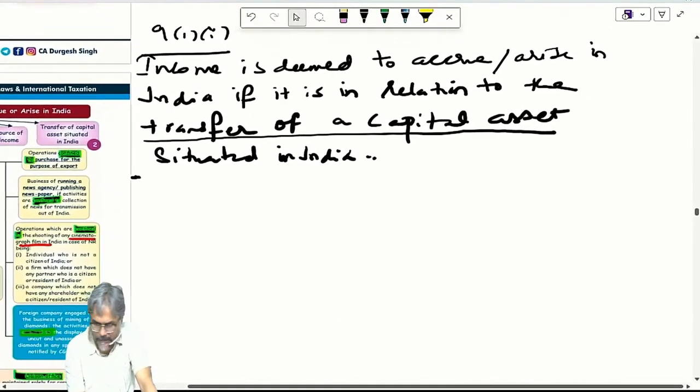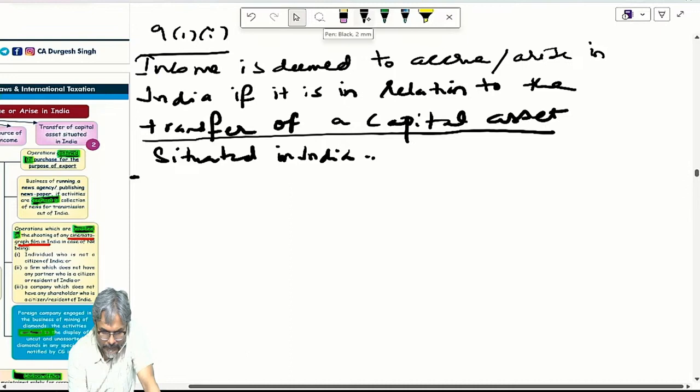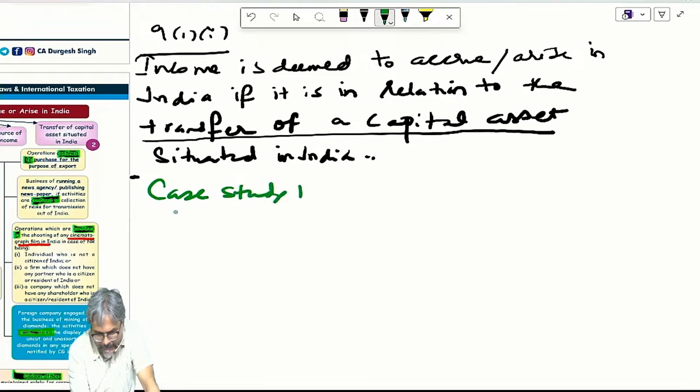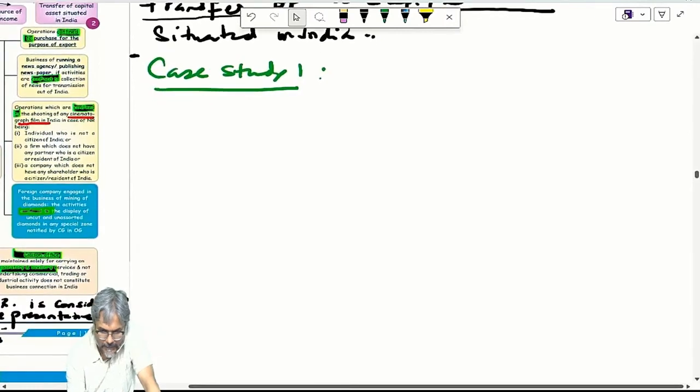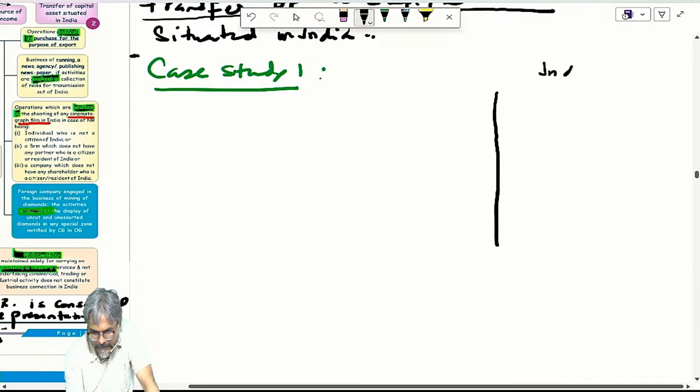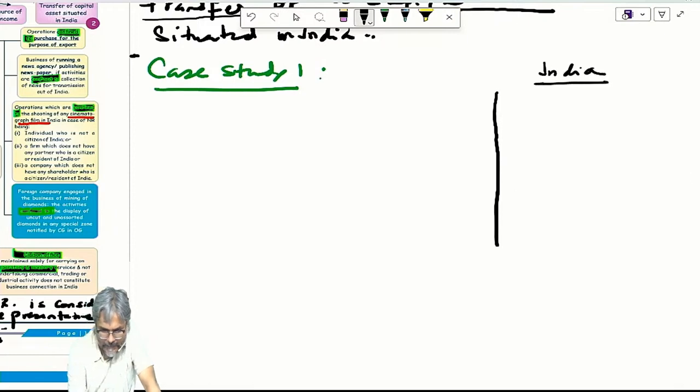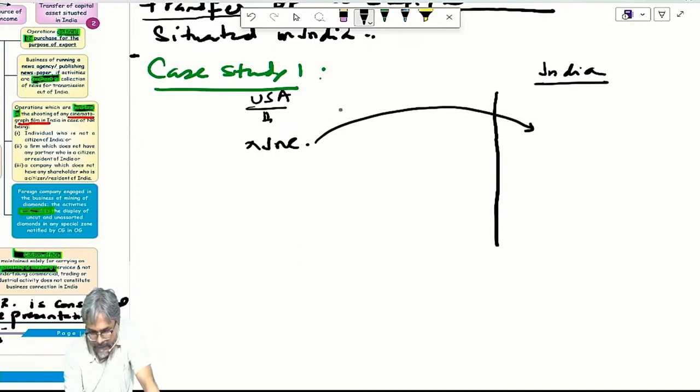So this is the provision. Now we will look into various case studies. In case study number 1, students, the scenario is that this is India and this is USA. So X Inc. of USA, in this case, what have they done? Point number 1.